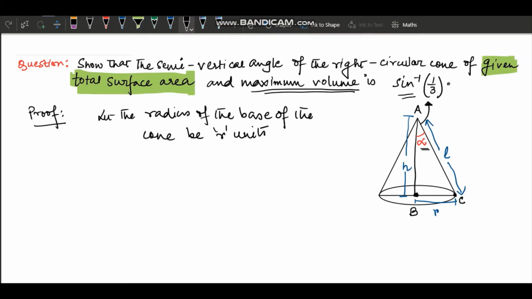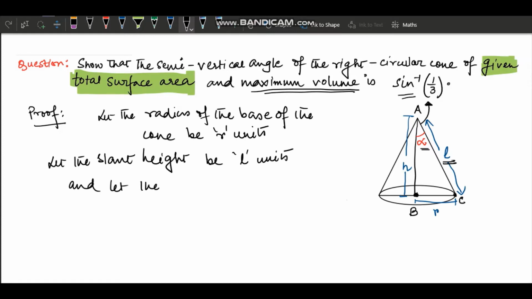So you take the slant height, that is this, as L. So let the slant height be L units, and let the height of the cone, which is AB, be H units.